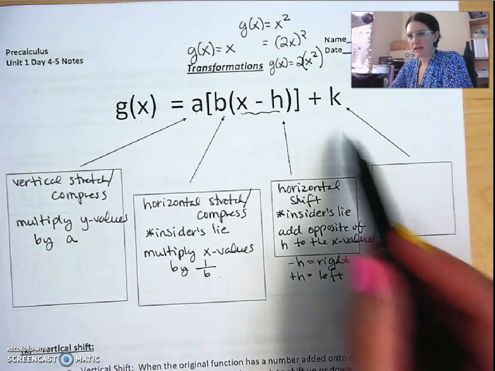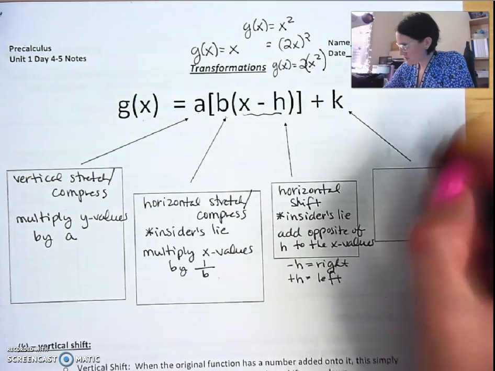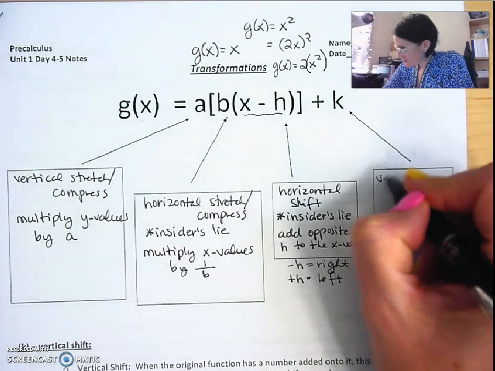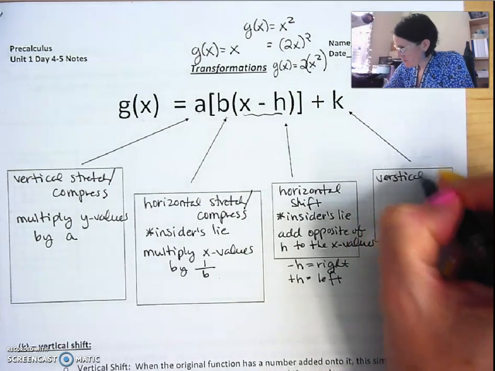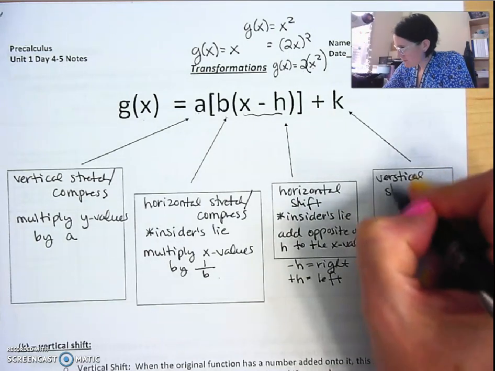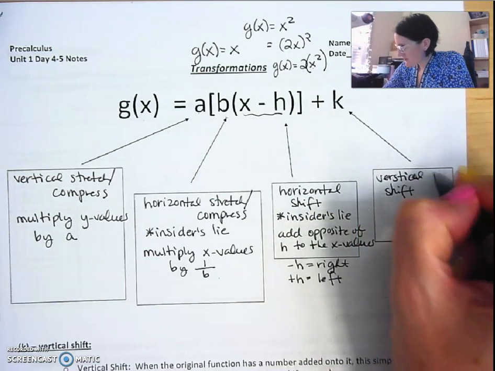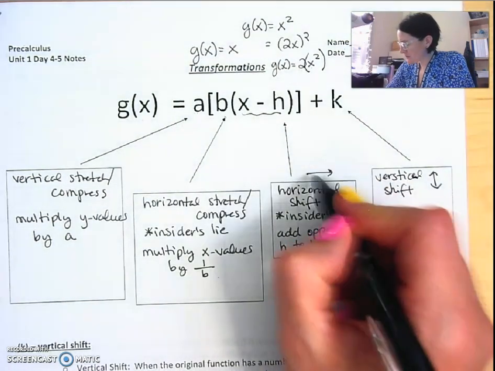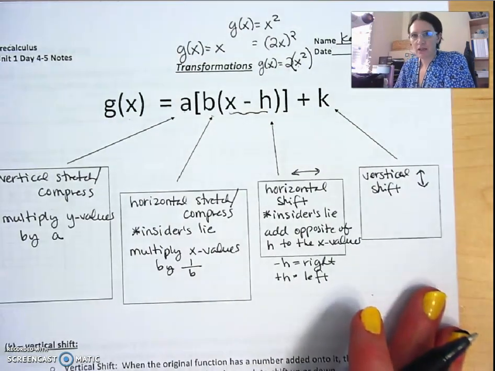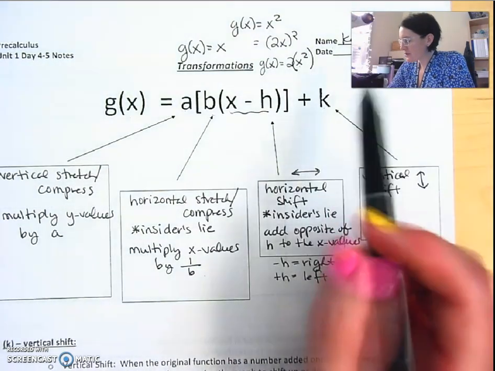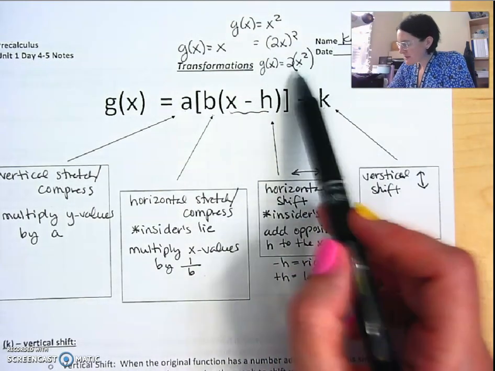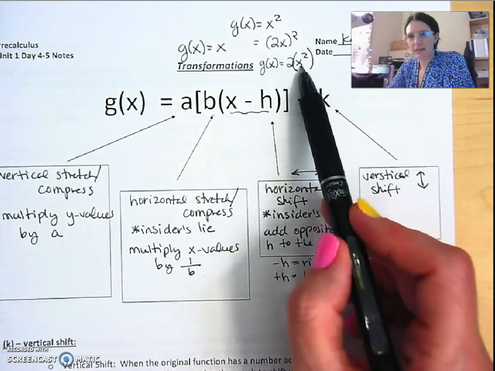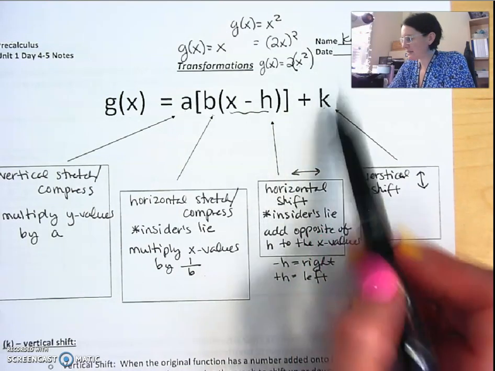And then the k on the end is our vertical shift. This means the graph is going to be going up or down. The horizontal shift was going left to right. So it's on the very outside of the function. So you've plugged something in, you've simplified everything that was being added, subtracted, multiplied to the x.